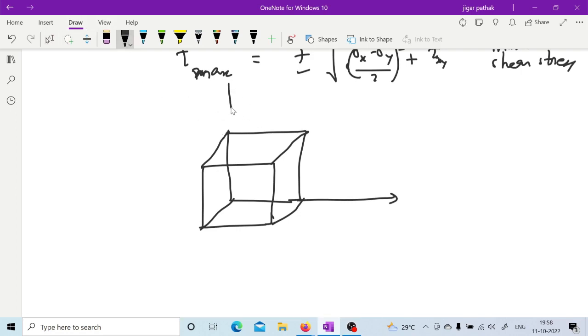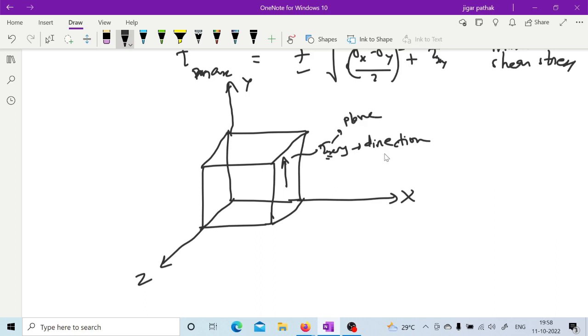Let us see: if you take this as x, this as y, and this as z, and it is plotted like this, it is considered as tau xy, where x represents the axis to which the plane is perpendicular and y is the direction, right? So it is placed on the plane perpendicular to x. The x is for the plane and the y is for the direction.